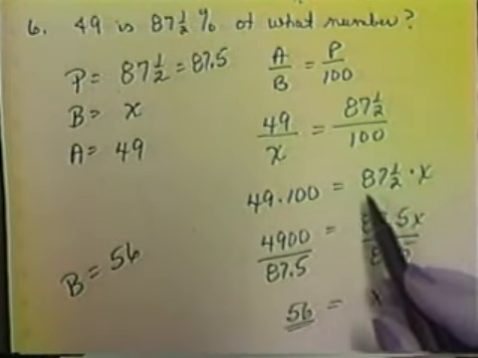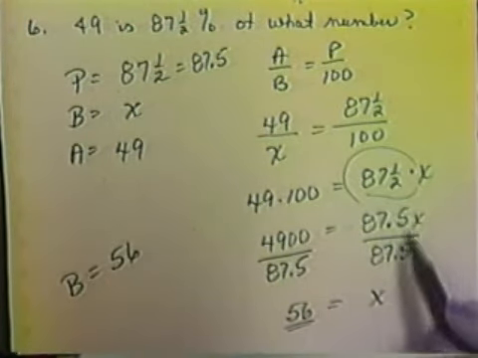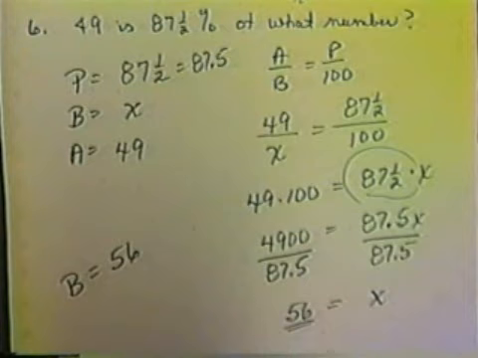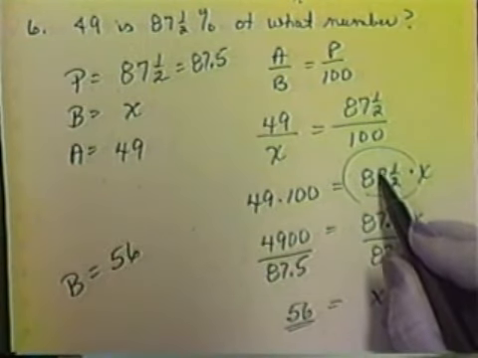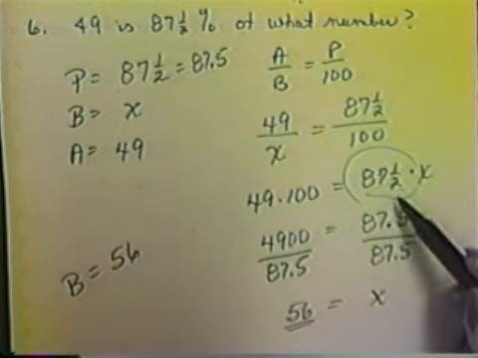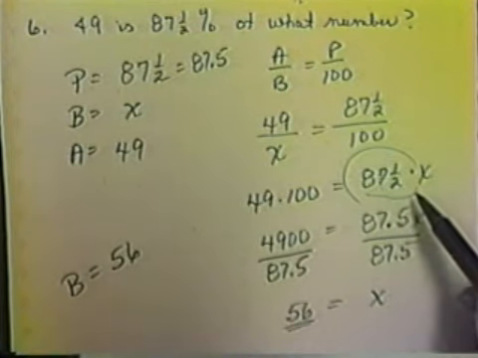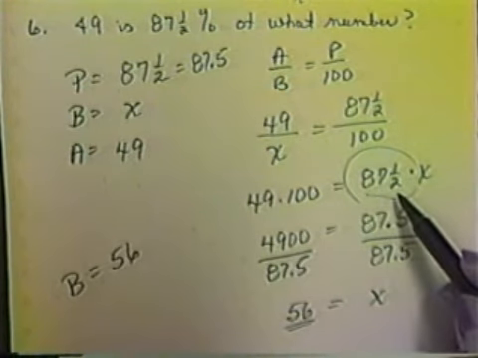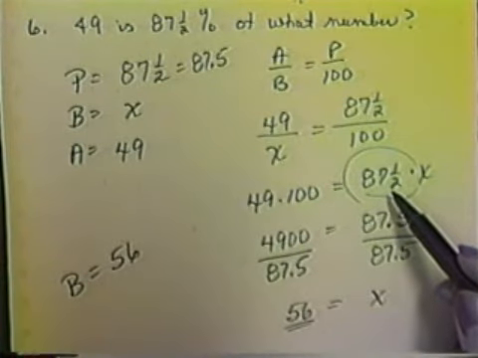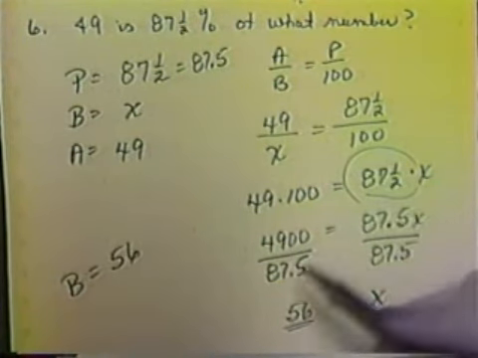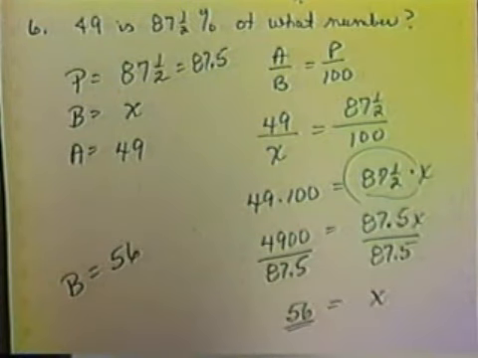Okay, we could have left this as a fraction and divided both sides by 87.5. And remember, in order to divide fractions, you would have needed to change this to an improper fraction. You can change 87.5 to an improper fraction and then divide by multiplying by the reciprocal, and you would still come up with the same answer.